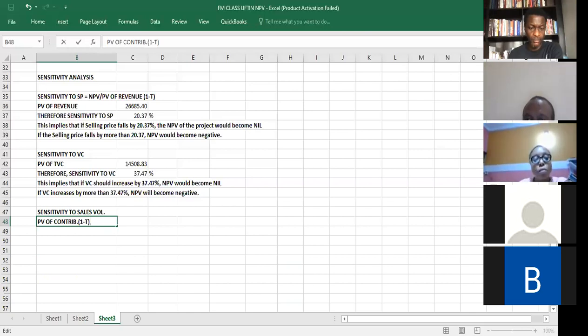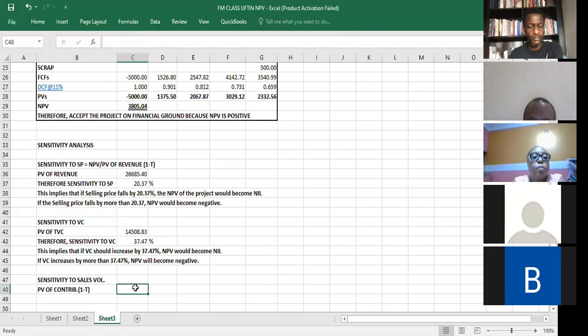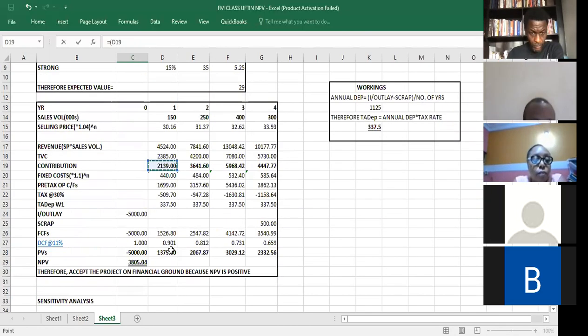So my contribution is equal to, let me open the bracket first: contribution for the first year multiplied by its discount factor, plus the next year's contribution multiplied by its discount factor, plus the next year's contribution multiplied by its discount factor, and then plus the last year's contribution multiplied by its discount factor.